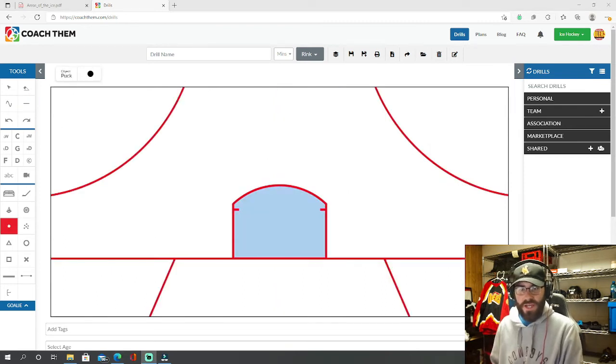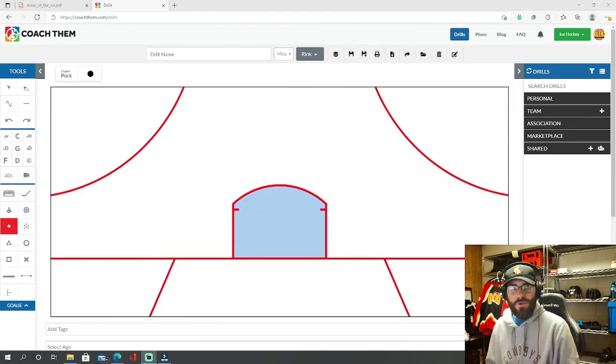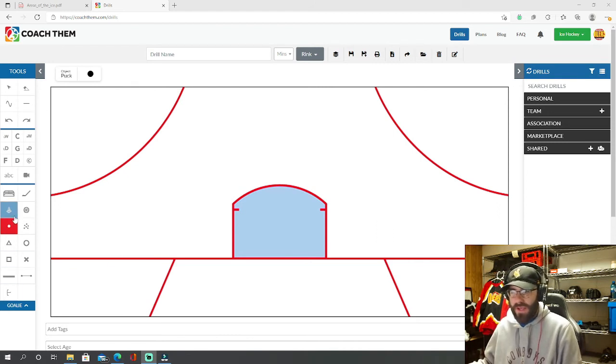Now, when we are discussing the goal line when it determines if a puck has gone into the net, in order for a goal to be counted, the entire puck has to cross the entire goal line. So if we look at the diagram here, in order for it to be a goal, here's our goal line.